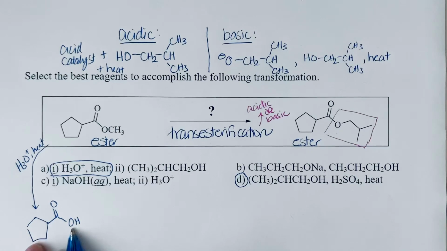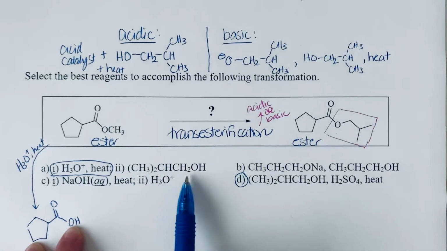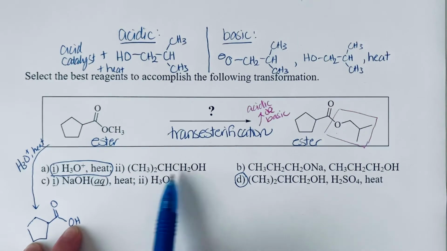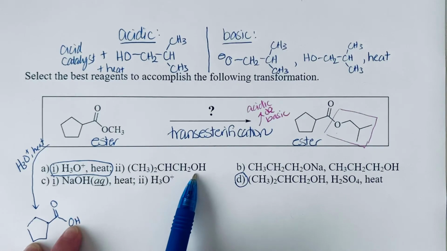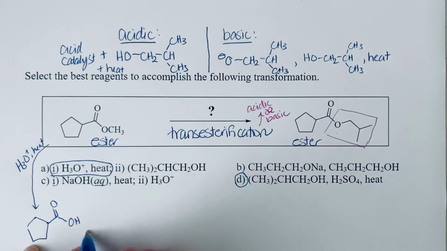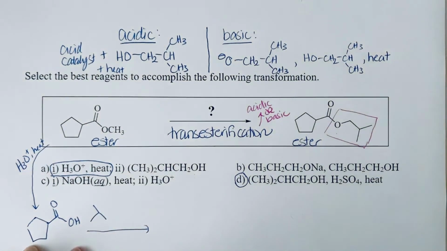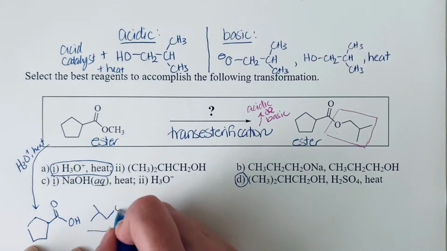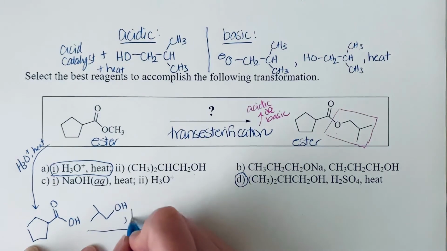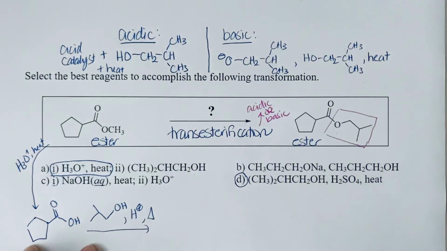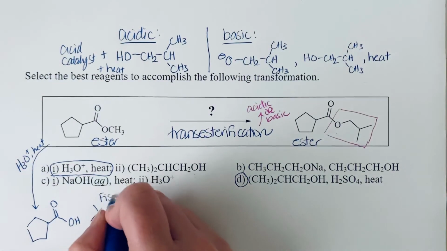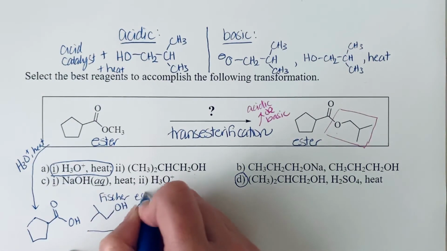Then if you wanted to take your carboxylic acid and make an ester, you could, but you would need more than just the alcohol. Just the alcohol itself would not be enough. You'd need that alcohol, CH2OH, you'd need an acid catalyst, and you'd need heat again. That would be what's known as your Fischer esterification.